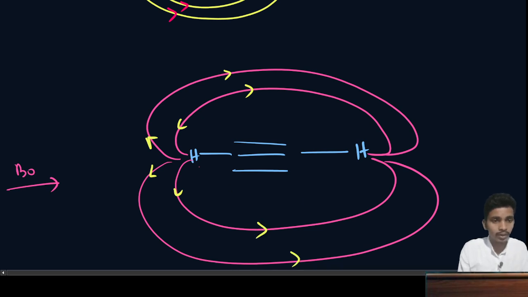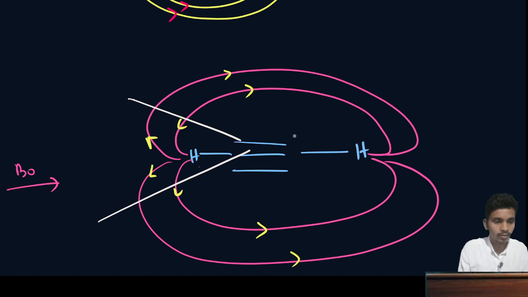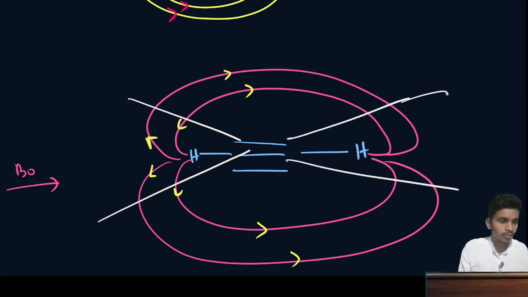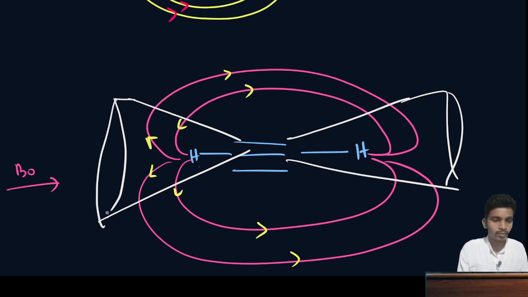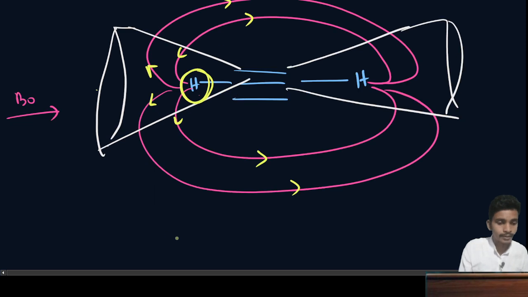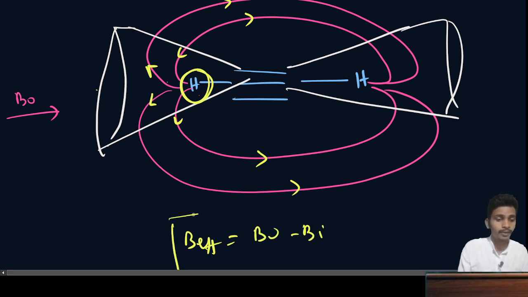Okay, now if you draw the cone here, these hydrogens lie inside the cones. And this B effective here is B naught, because this is the same direction, so that will get cancelled, it will get subtracted.